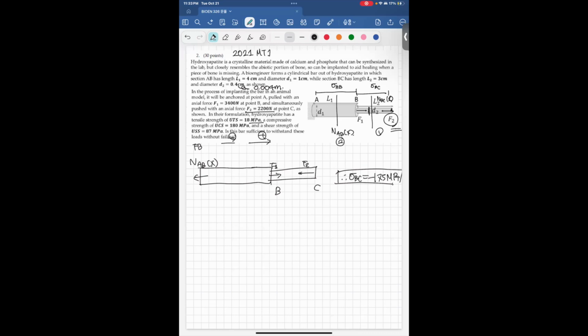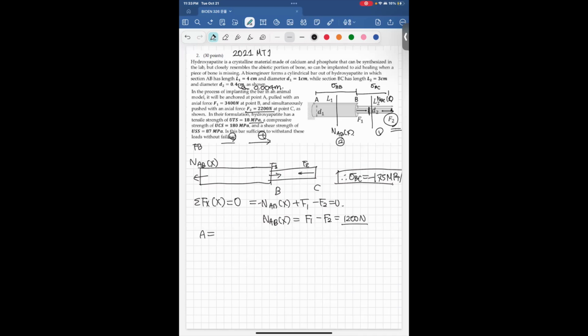Like we said, all the forces in the x direction should be 0, which means negative NABX plus F1 minus F2 will be 0. So we can also rewrite this as F1 minus F2, which we know, is going to be 1200 newtons.